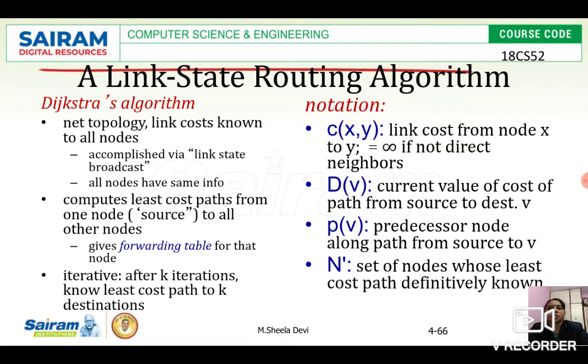Dijkstra is the inventor who invented this algorithm, so it is named Dijkstra's algorithm. This is used to find the shortest path. If you take a network, from a node to all the other nodes in the network, it helps us find the shortest and the cheapest path. That is the use of our Dijkstra's routing algorithm.